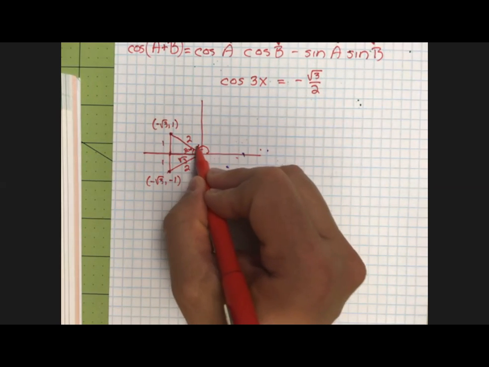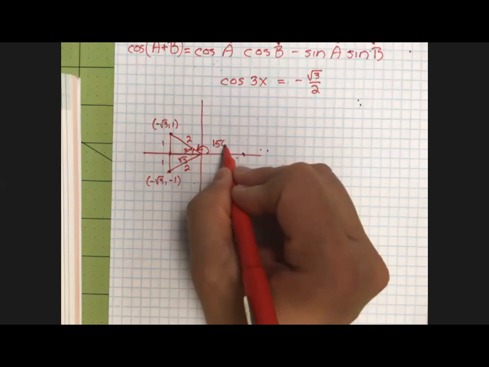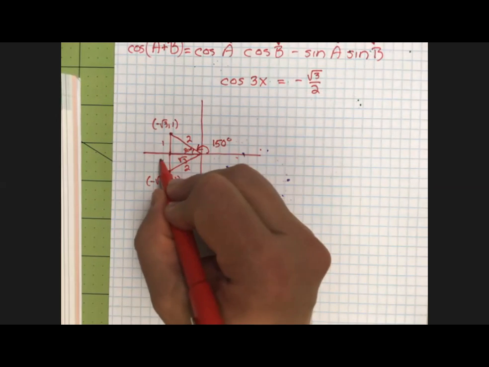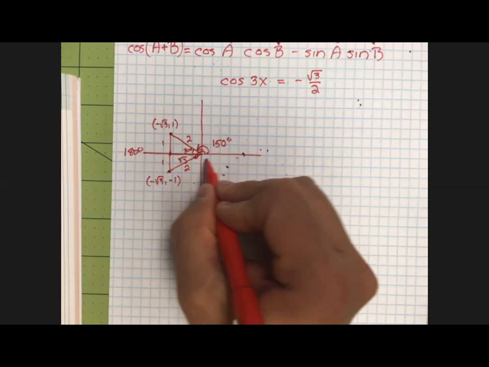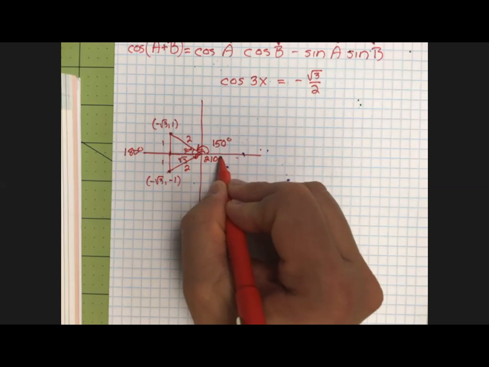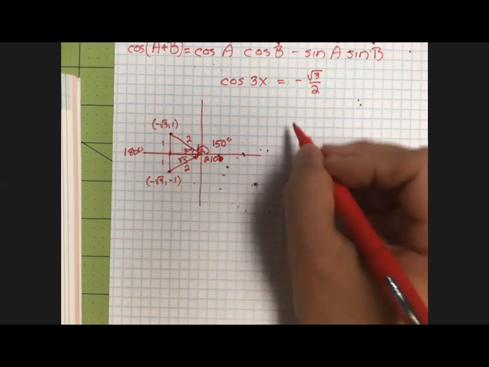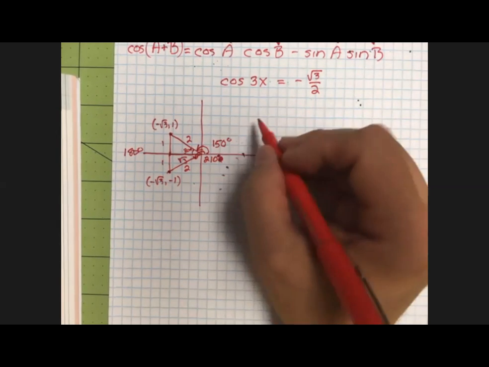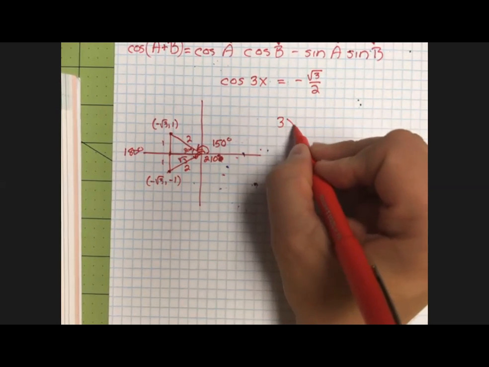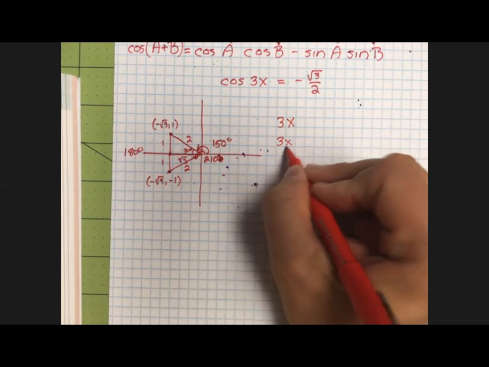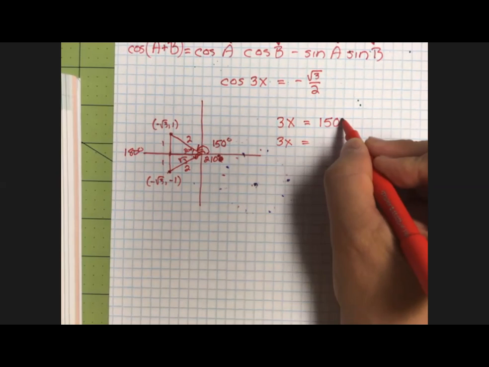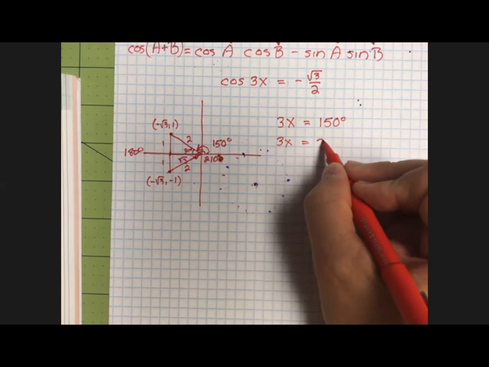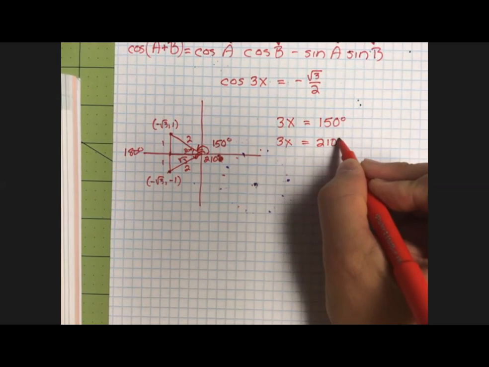So the angles that we're talking about are 150 and 30 degrees past 180, which is 210. Now be careful, that's not x, that's 3x. 3x is 150, or 3x is 210.